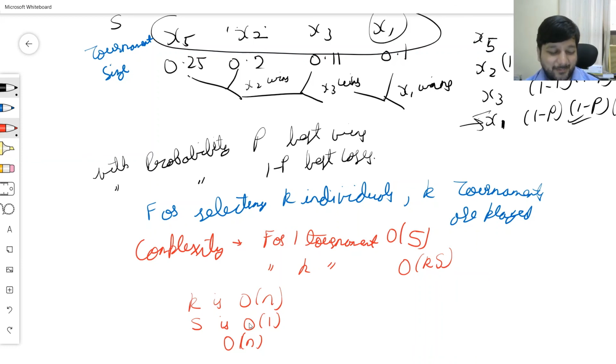So N log N becomes O of N. But then as you know that log N is extremely small practically, and because it's extremely small practically, we will not be considering this as a great advantage or a great limitation of the universal stochastic selection. And because of that, it's good enough to get selected.